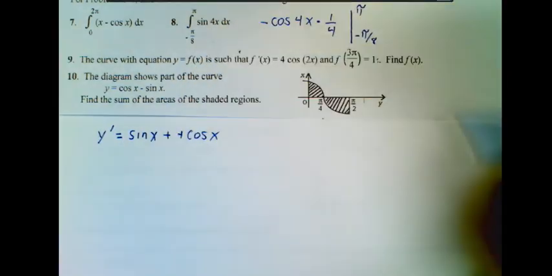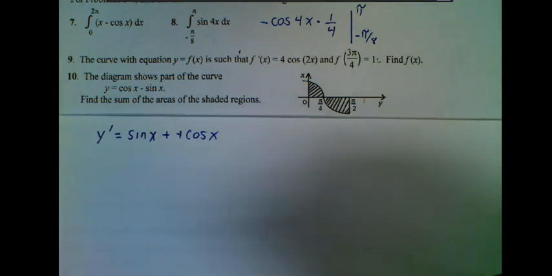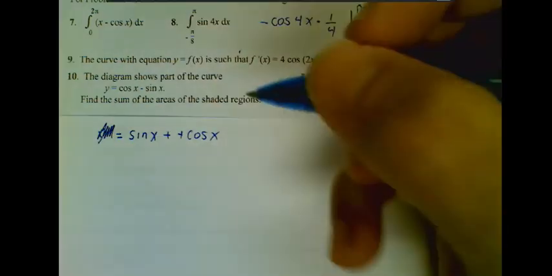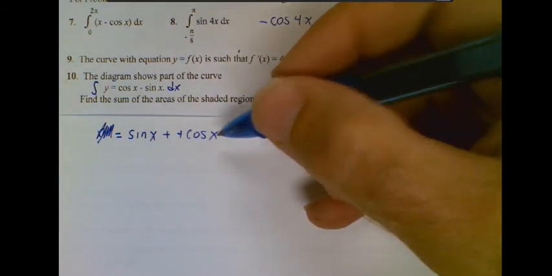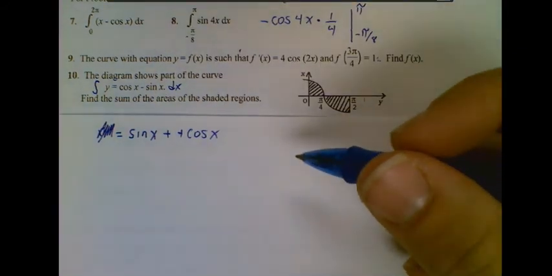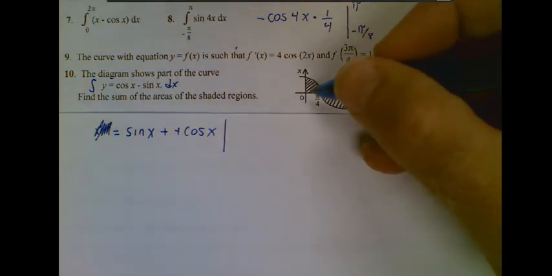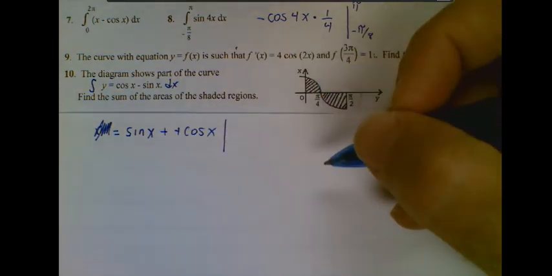So just sine plus cosine. I didn't mean to put derivative on that. So we integrated this to become this. So there's the function, and now I want to take the integral and first evaluate it from 0 to pi over 4.